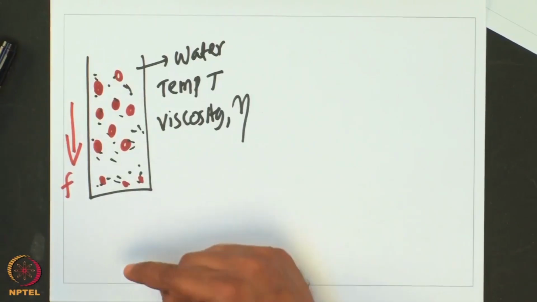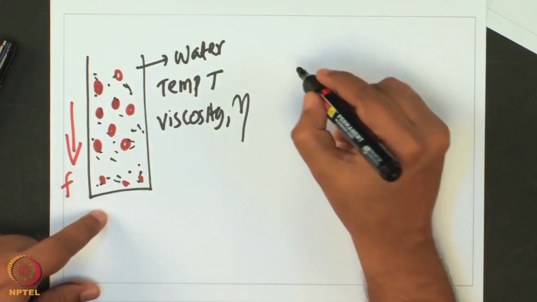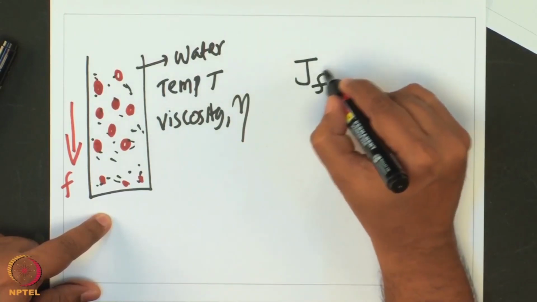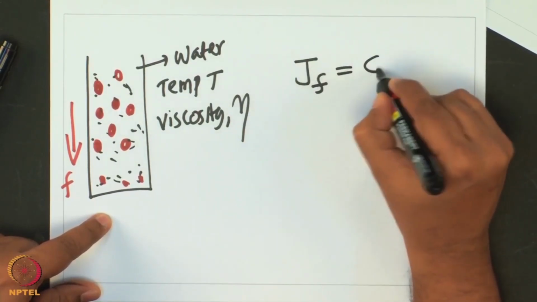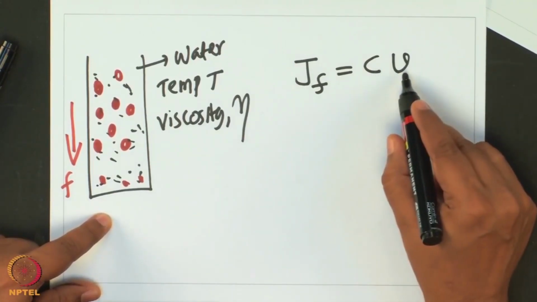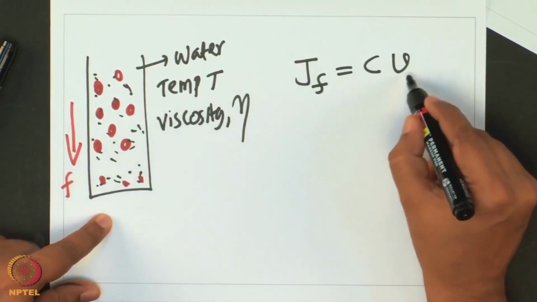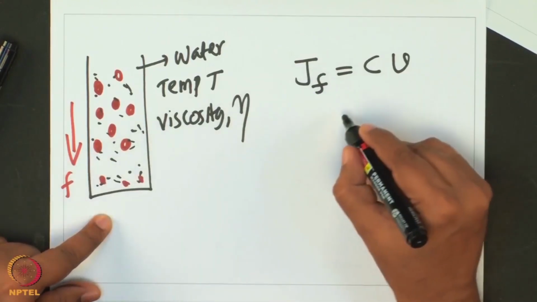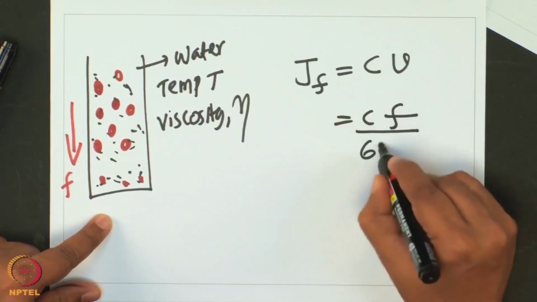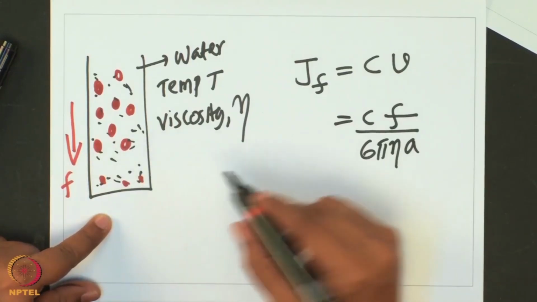They will sediment, and this flow due to the gravitational force, which is Jf, we know is C times V, where C is the concentration and V is the speed with which they come down. This V is related to the force, and can be written as Cf by 6 pi eta A, where A is the radius of this particle.